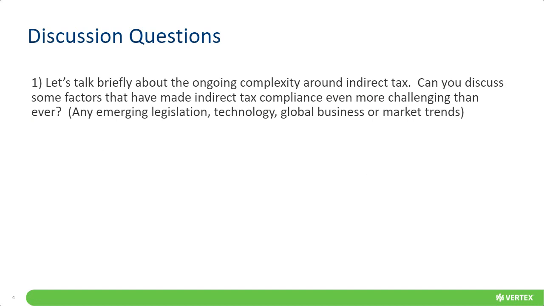So, why don't I kick us off there with that topic, and then anybody else can feel free to jump in with your perspectives. But, from what I'm seeing, I think one of the major areas that has changed is that there's always been rate and rule complexity that you have to manage.